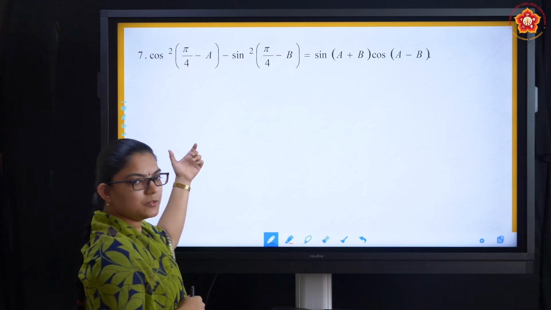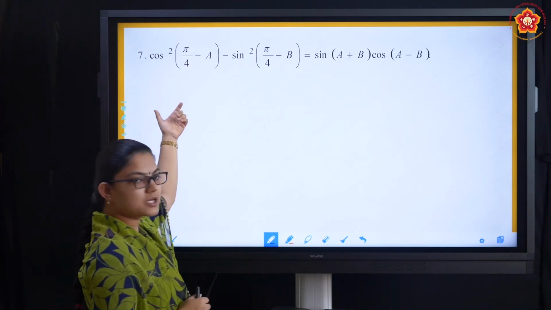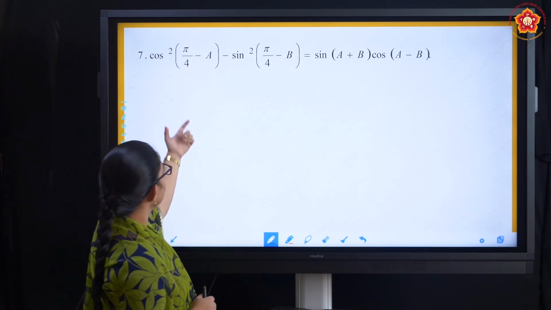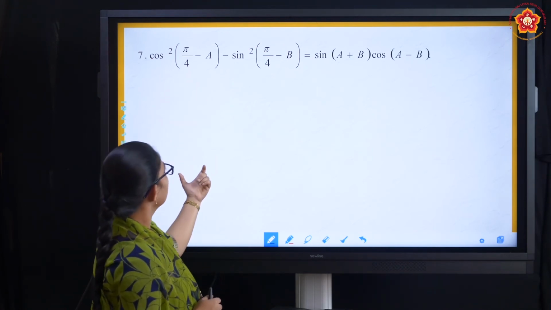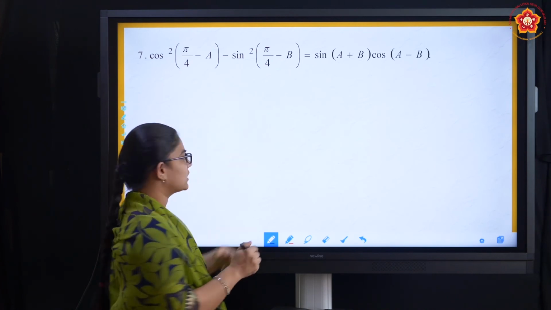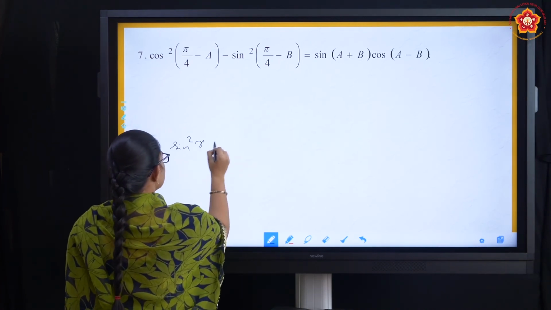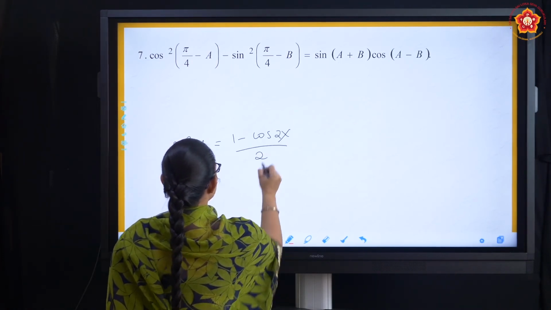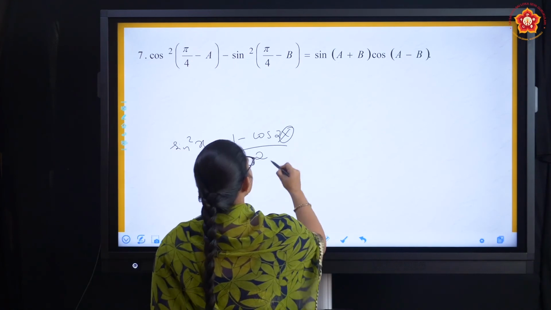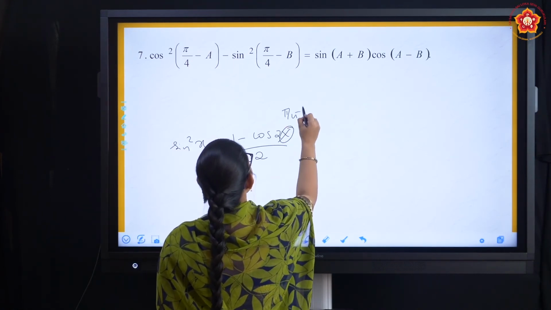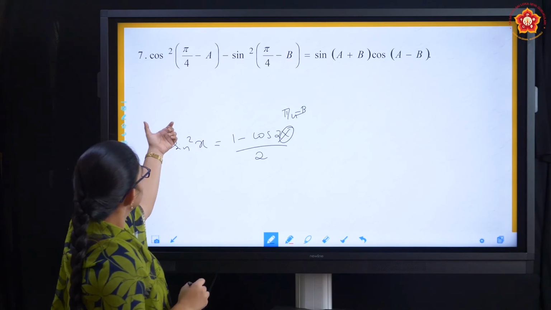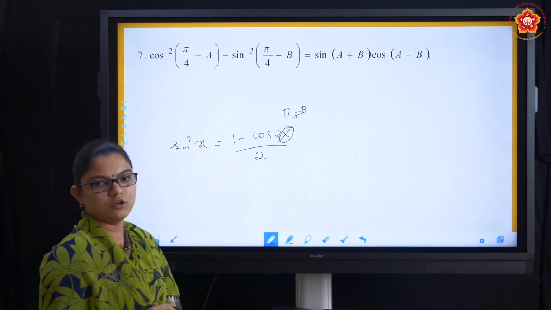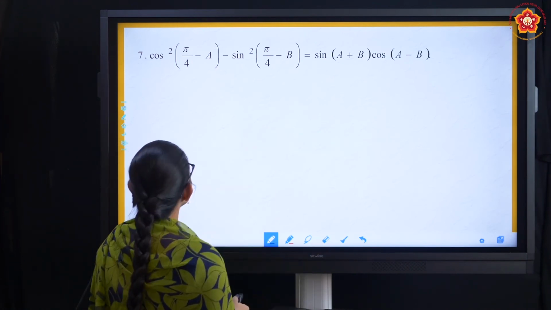We can prove it by the previous method also, where we substitute cos square x as (1 plus cos 2x) by 2, where x is here pi by 4 minus A. Similarly, sin square x we can substitute as (1 minus cos 2x) by 2, where in place of x you substitute pi by 4 minus B. If you substitute and simplify, then also we will get the same result, sin(A+B) into cos(A-B). Let us move to the next problem.